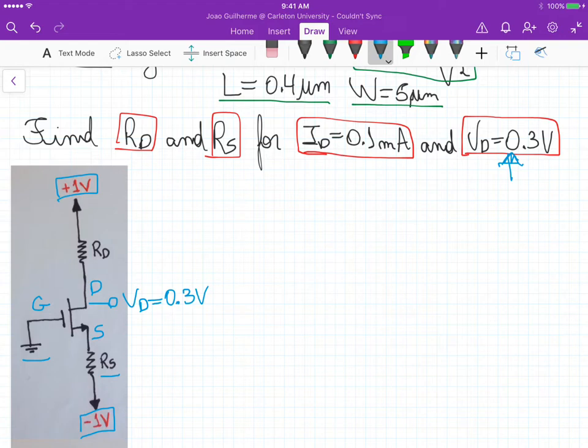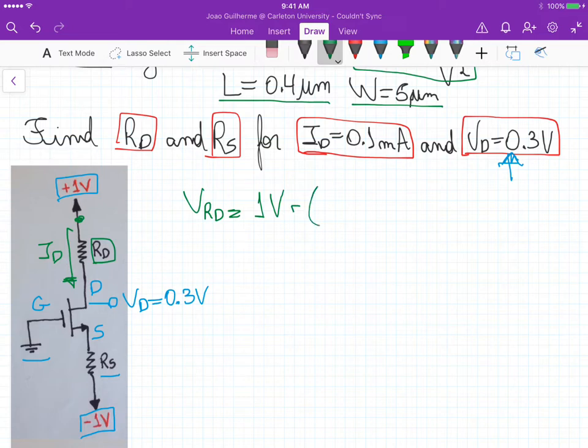If we want to obtain the current flowing through the drain, ID, we can apply Ohm's law and isolate RD, because remember that the voltage across RD, let's call it VRD, is equal to 1 volt, the potential at this terminal, minus the potential at this terminal, which is VD, so minus 0.3 volts.